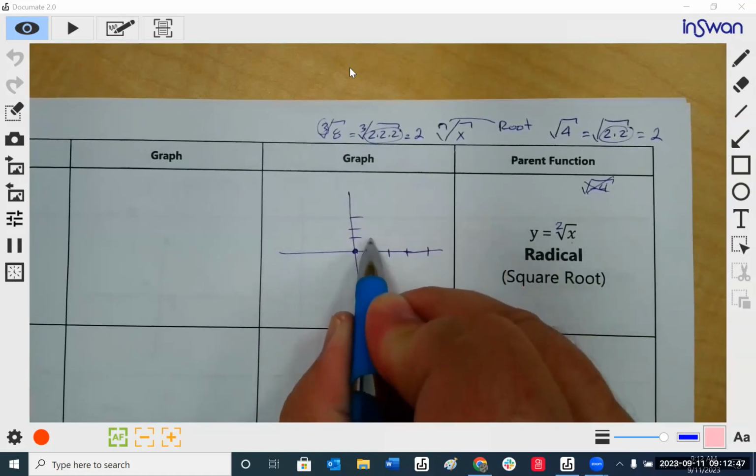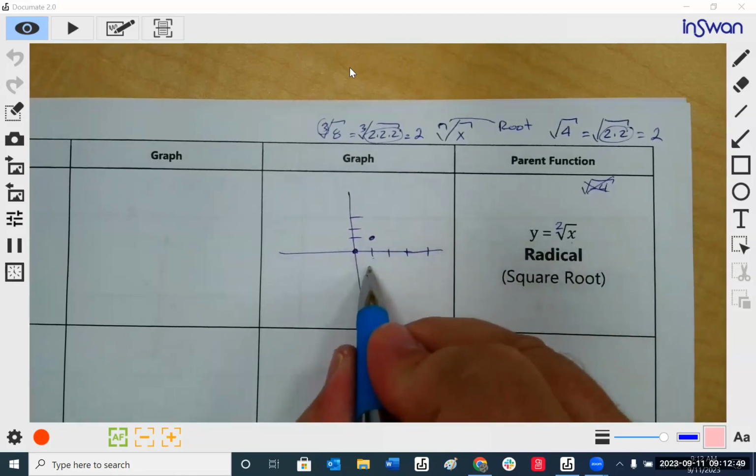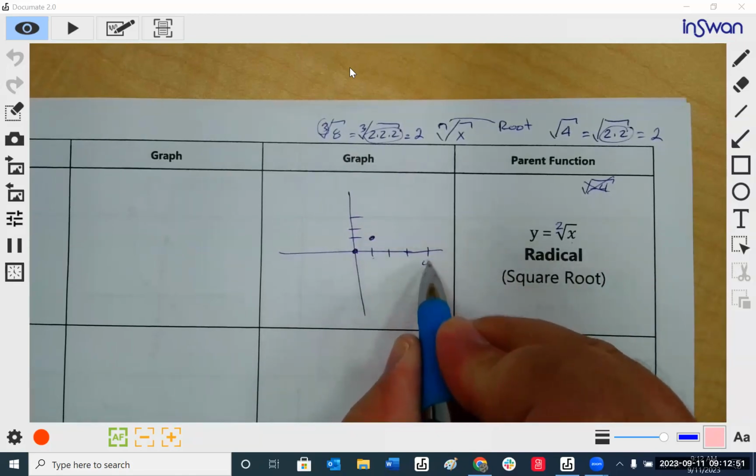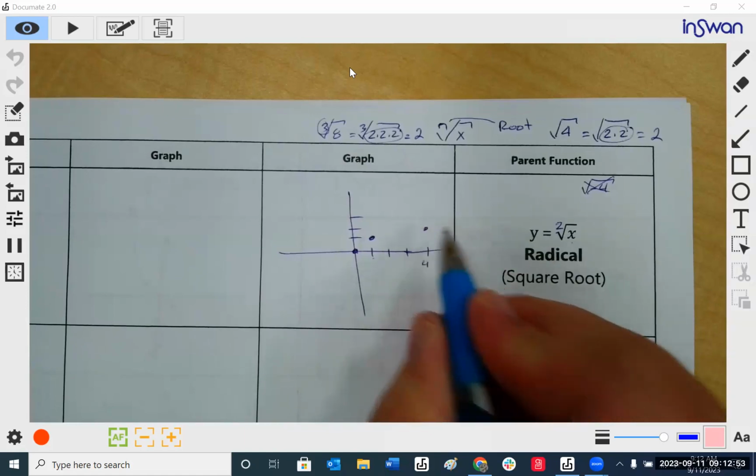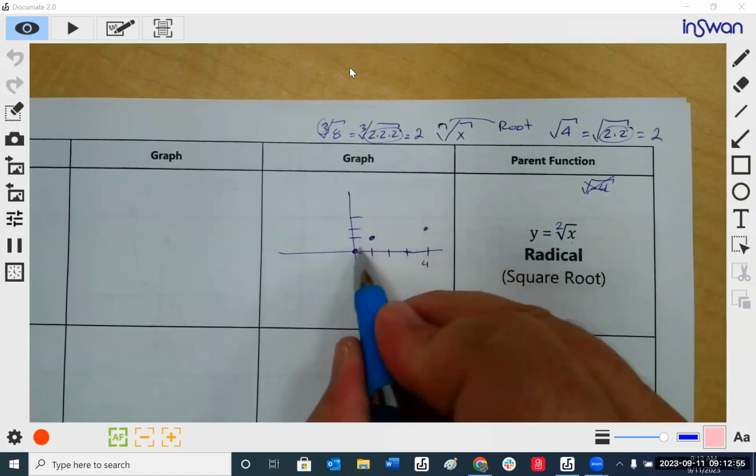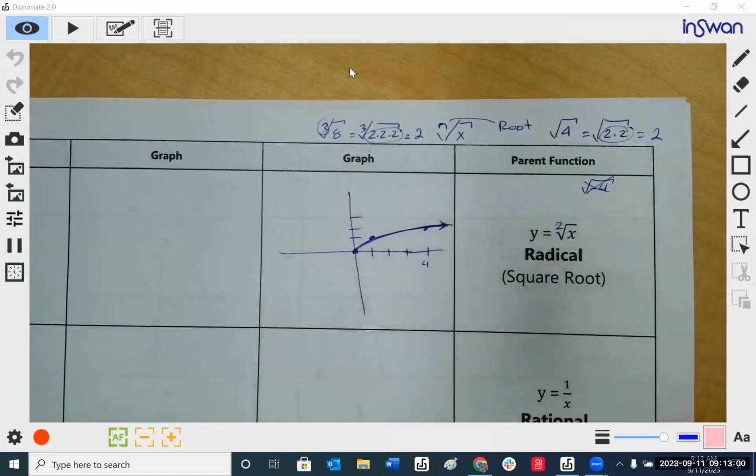So when x equals 1, y equals 1. When x equals 4, y equals 2. And when x equals 9, y equals 3. So it looks like this. It's a curve, a slight curve.